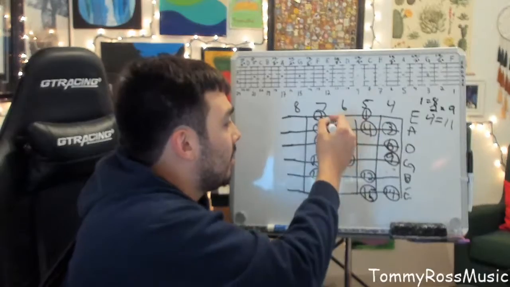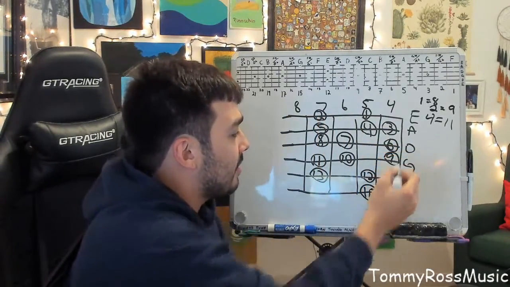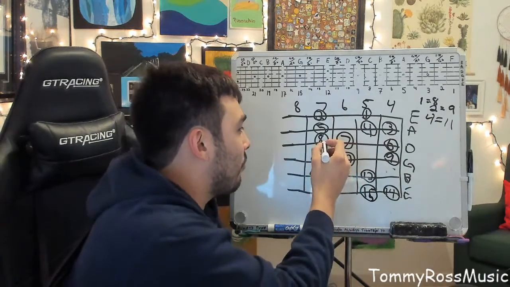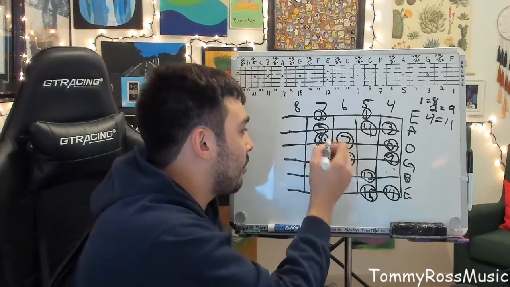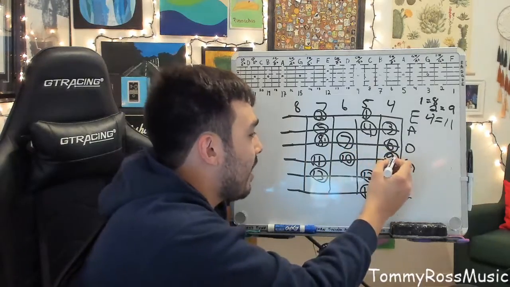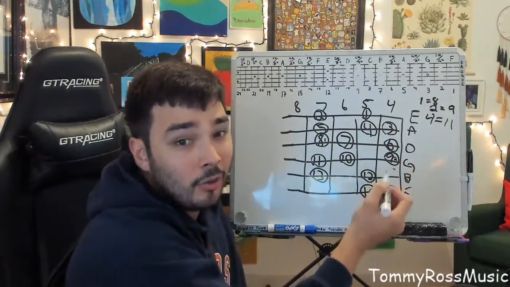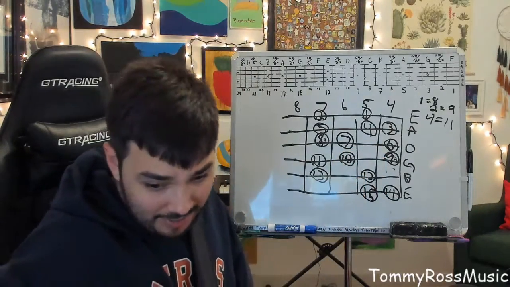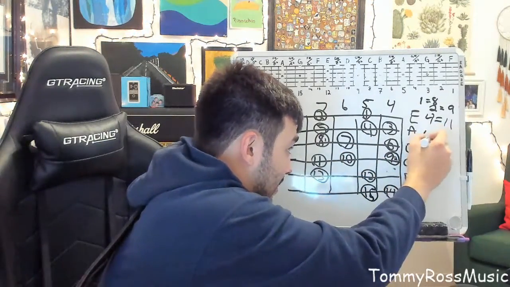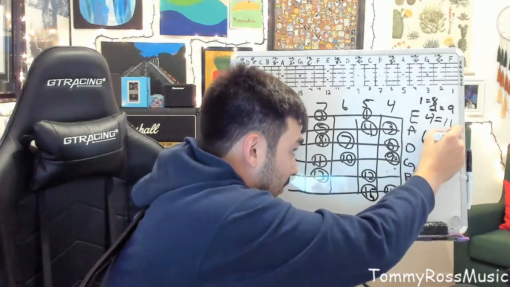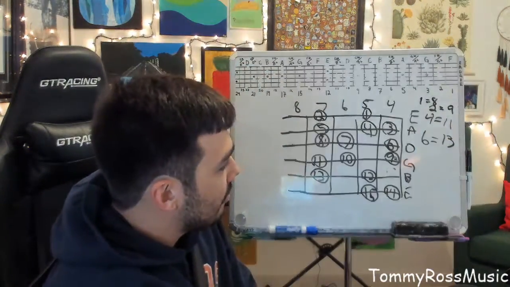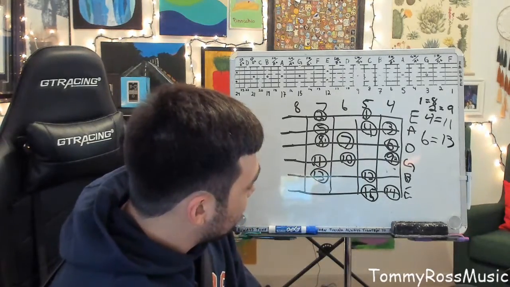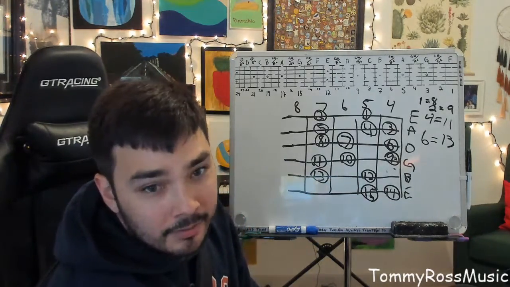Your 2 is going to be the same note as this 9 over here, right? Because if this 8 was 8, this 8's really 1, so then 9 becomes 2, or 2 becomes 9. So 2 equals 9, 4 equals 11, 6 equals 13, and so on and so forth. 7 equals 14.